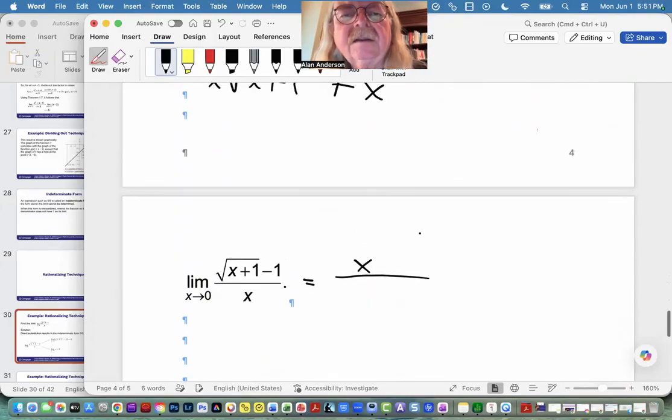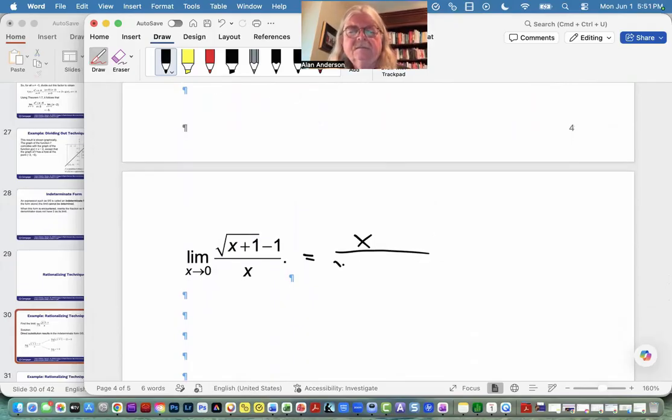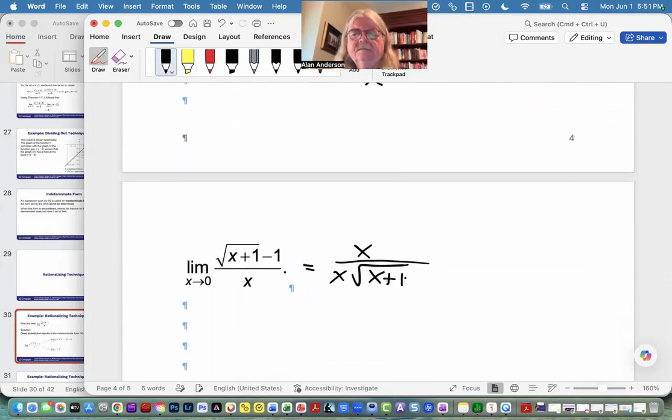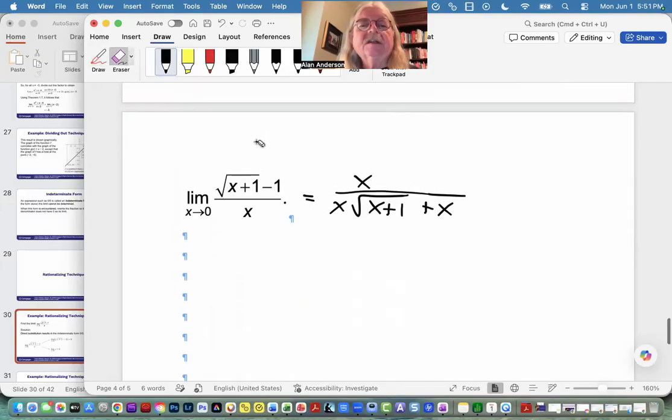The denominator is x radical x plus 1 plus x. But if you notice, every one of those terms has an x in it. Actually, what I should have written here is not that it equals that, it equals the limit. Hold on one second.